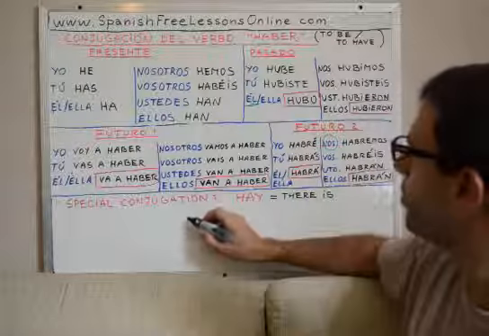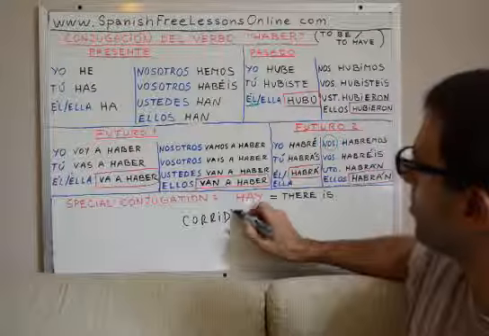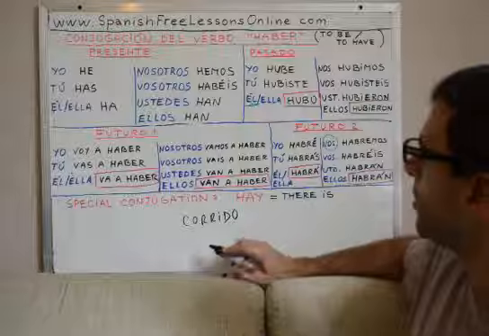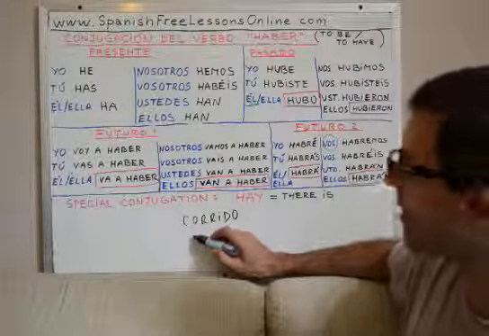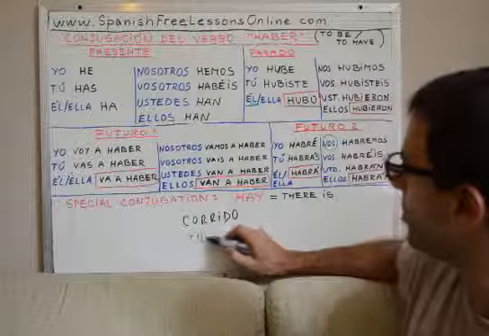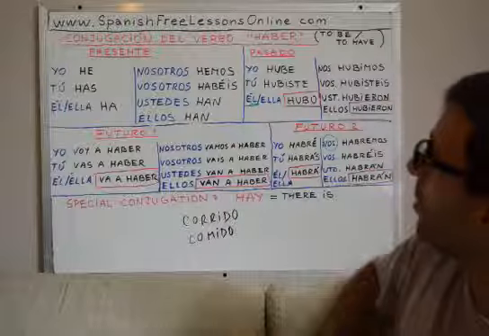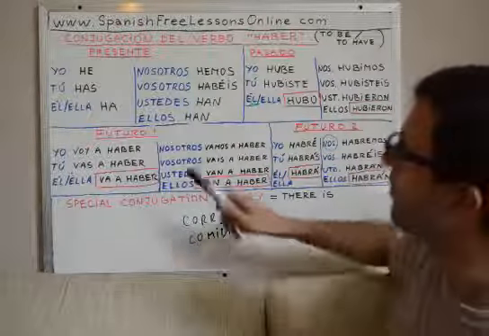Okay? So if we want to conjugate into present perfect, we take whatever verb we want to conjugate. If it is run, the past participle of the verb correr, to run, is corrido. The past participle of the verb comer, to eat, is comido. So we would say yo he corrido, I have run.